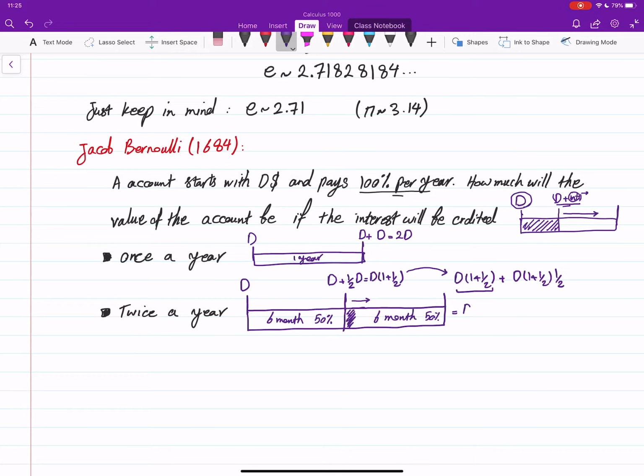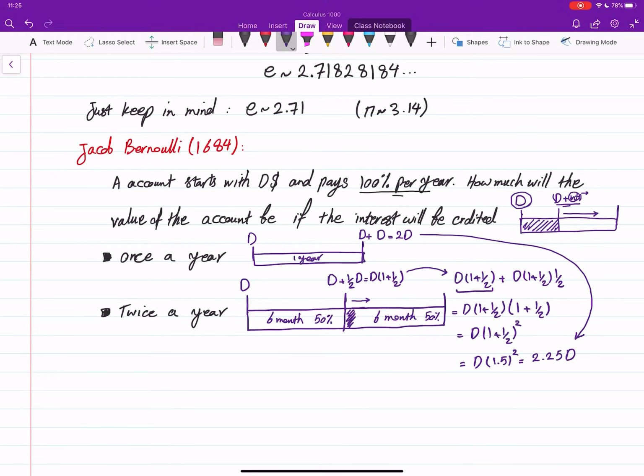If I factor out D times 1 plus half, this will give me 1 plus half, and that gives me D times (1 plus half) to the power 2. 1 plus half to the power 2, this is 1.5 squared, and that value is 2.25 times D.